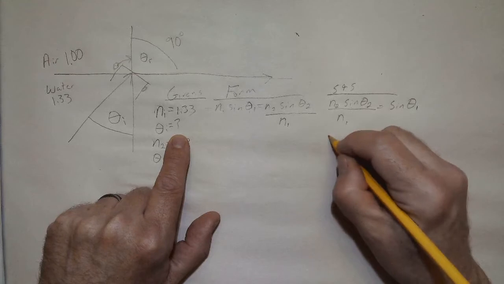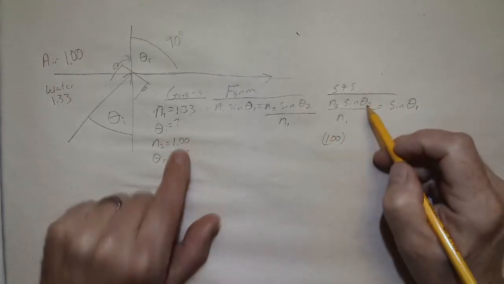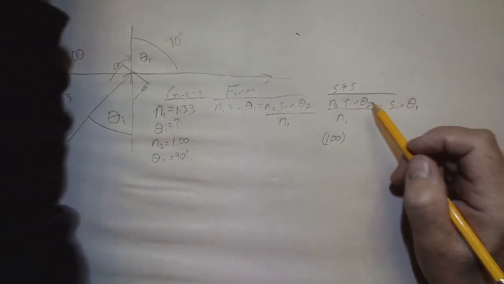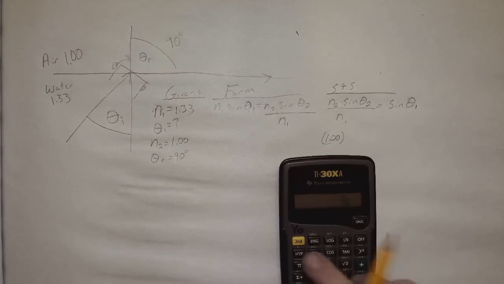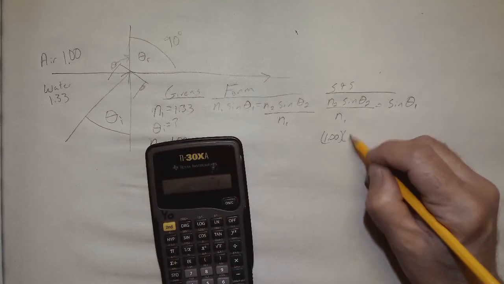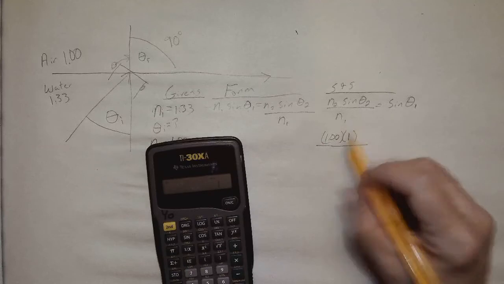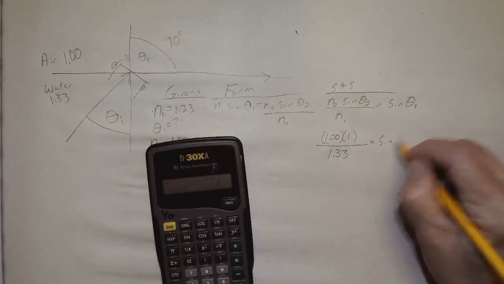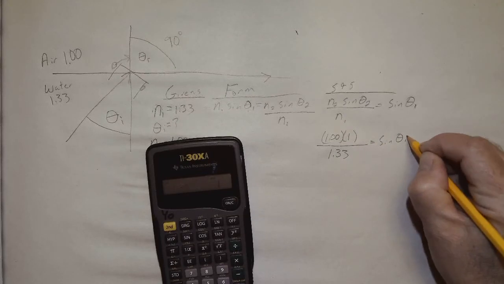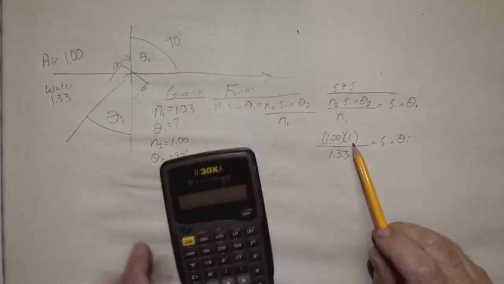So N2 is 1.00. Well, sine of theta 2, what is the sine of 90 degrees? Maybe some of you know this. Take the sine of 90. It's 1. So 1 times 1, divided by 1.33, that's the sine of the angle of incidence that would cause us to refract at 90 degrees.